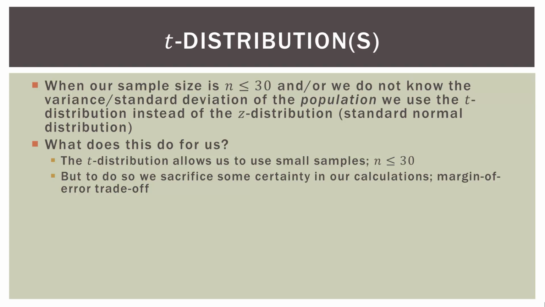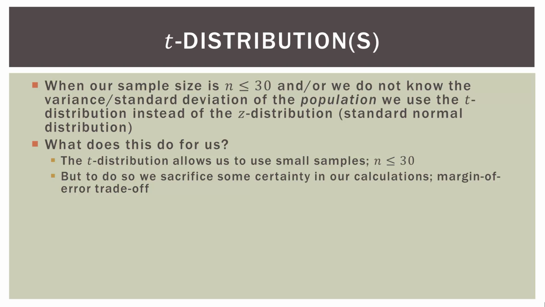So, if I'm interested in the average GPA of the entire freshman class, and I have a sample of 20 students, I can still answer a valid question about that. We can find what's called a confidence interval about where the true average GPA lies. But because we're using a small sample, under 30, we're going to use the t-distribution instead.